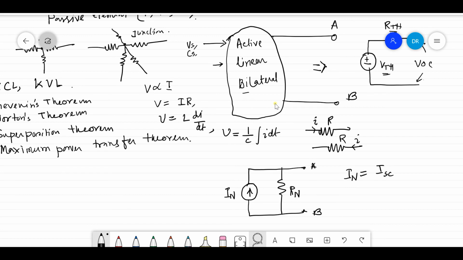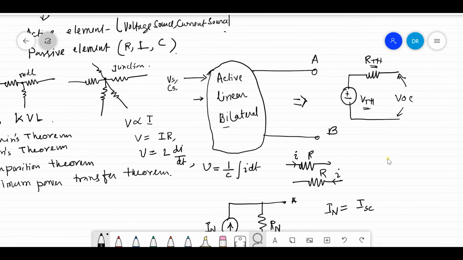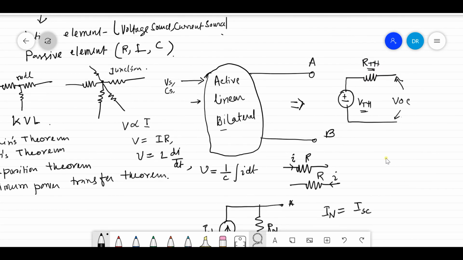In, Norton current, is the short circuit current. That is, in the Thevenin circuit, if you short it, the entire current will flow through this path. So this ISC is equal to VTH by RTH. This is the short circuit current.